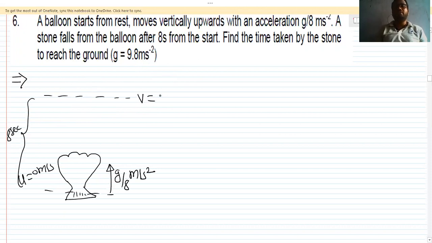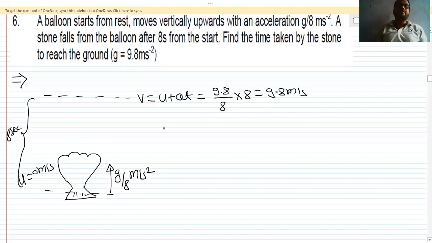v is equal to u plus at, and that is equal to, sorry, acceleration we have is upward. So 9.8 divided by 8 into time is 8. So it is 9.8 meter per second is the velocity.